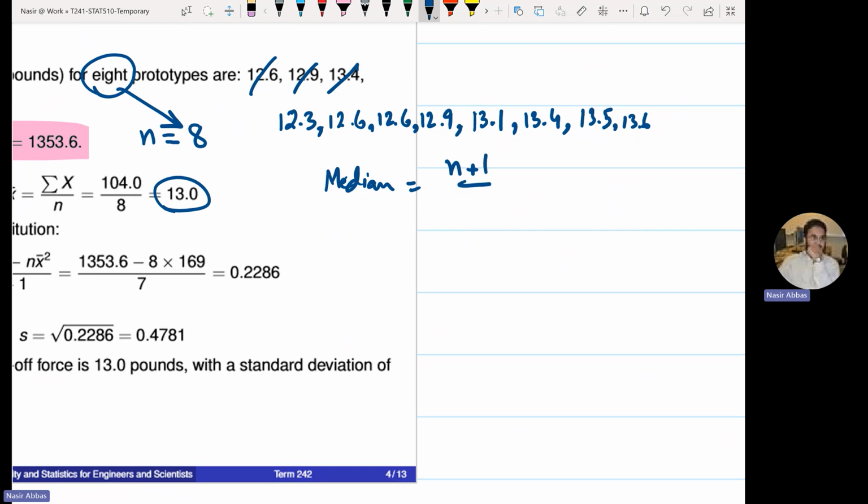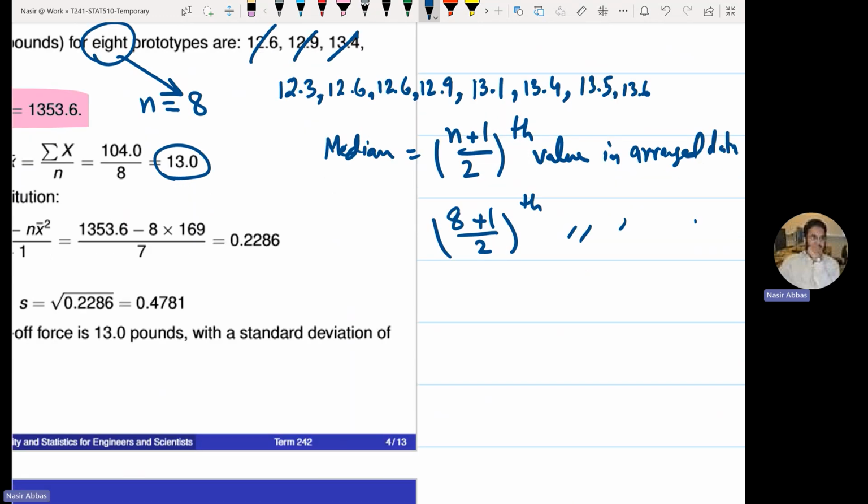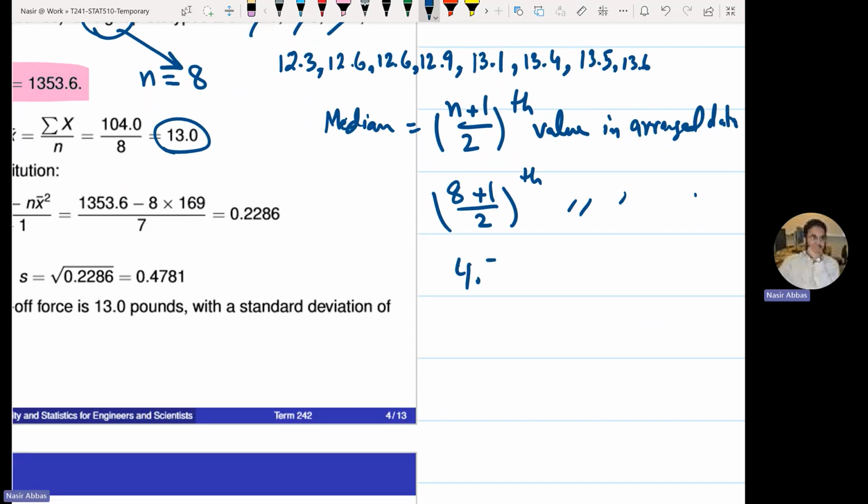Now, once you have arranged the data, the median is n plus 1 by 2th value in arranged data. What is n? 8 plus 1 by 2. What is 8 plus 1 by 2? 4.5th value.